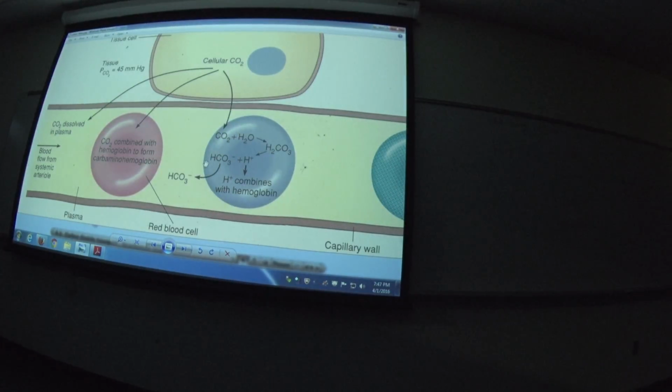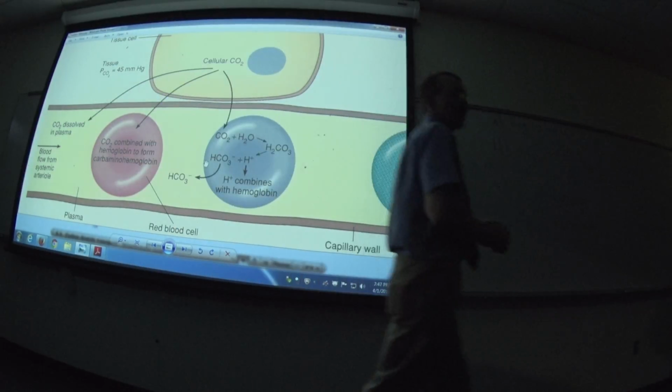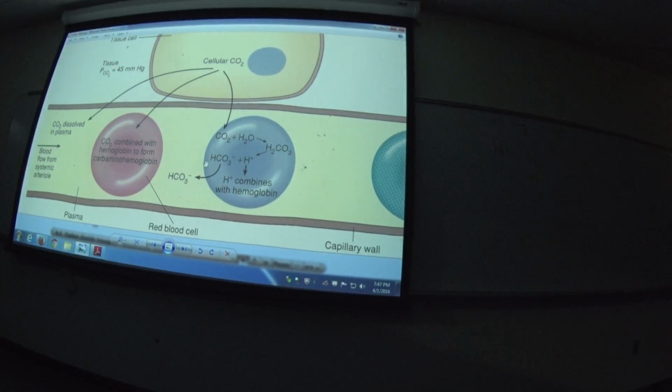Now, the more official looking picture, the one you actually want to take a picture of with your phone, is this one here. This shows all of the carbon dioxide mechanisms in one slide. So go for that one. Is it okay in the dark? Yeah. All right.